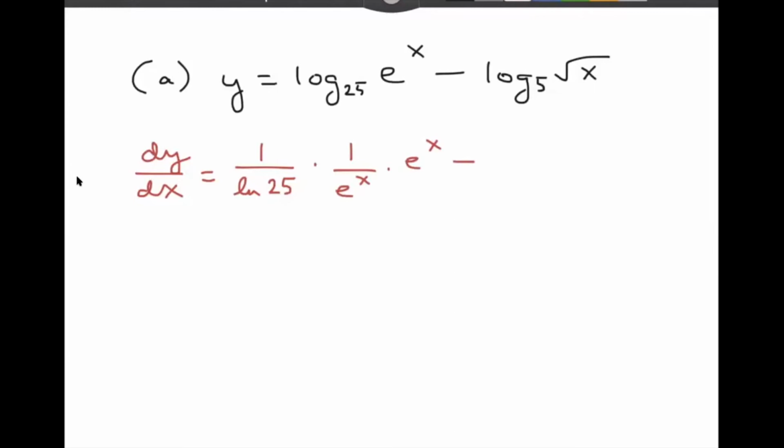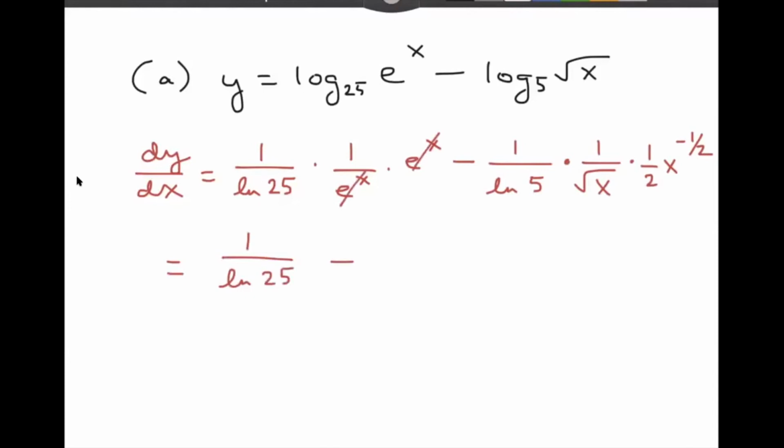Okay, so this is going to be 1 over natural log 5 times 1 over u, which is 1 over the square root of x, times the derivative of square root of x, which is 1/2 x to the negative 1/2, right? Oh, I have a feeling something exciting might happen with this problem. Okay, so of course here the e to the x's drop out, so all we're left with here is 1 over natural log 25.